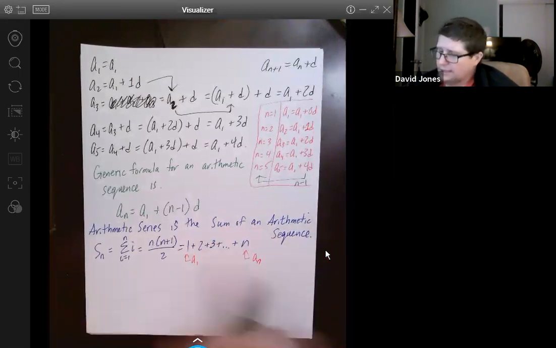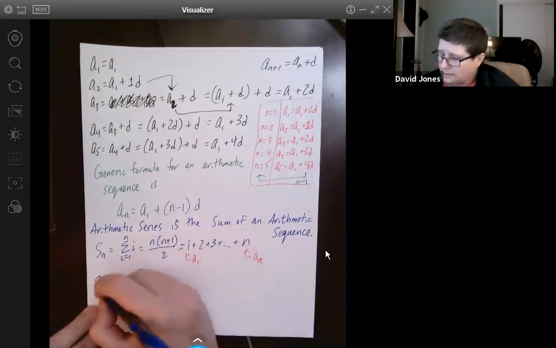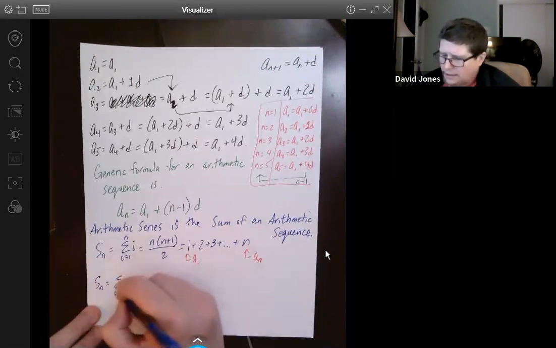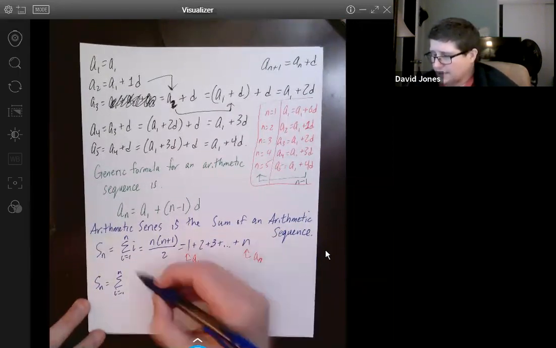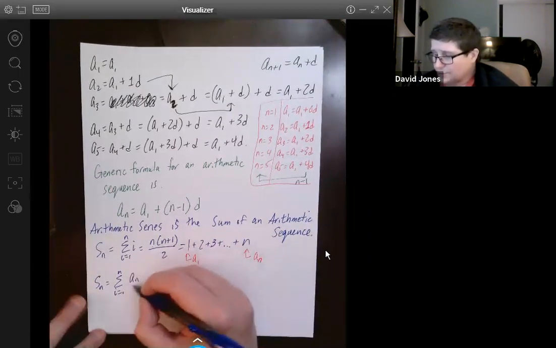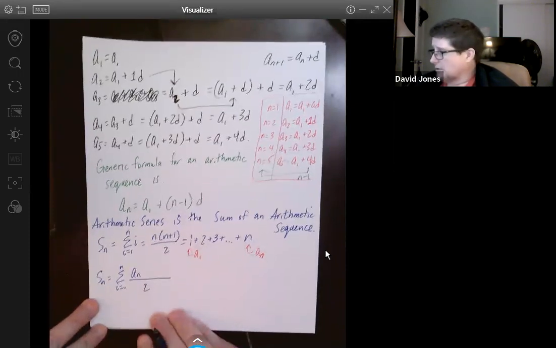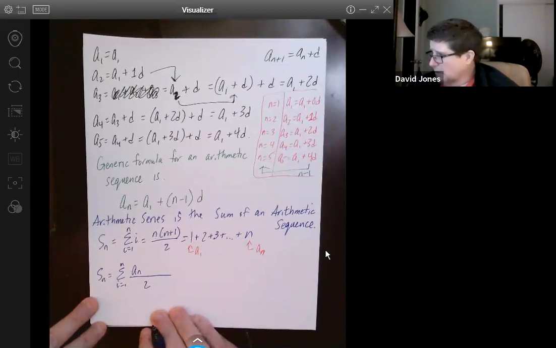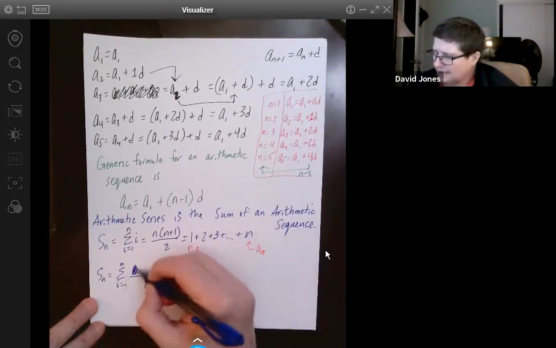Which really means S sub n here, i equals 1 to n. N is just n. I've got a sub n over 2. Let's not put in a sub n. Let's just leave it as n.